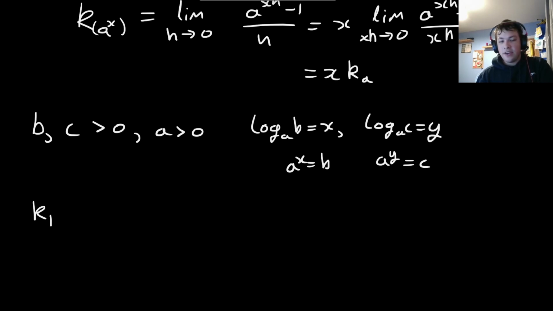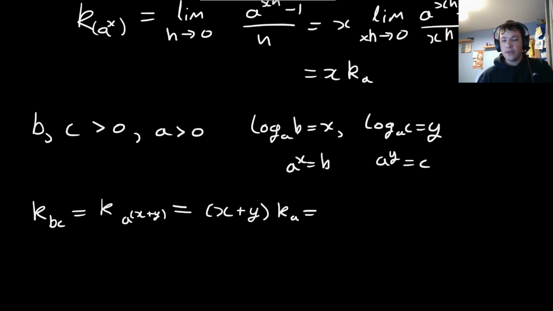Then K of bc is K of a to the power of x plus y, from our old property of exponentiation, which is then (x plus y) times Ka. But x Ka we already know is Kb, and y Ka is Kc, because a to the x equals b means that Kb equals x Ka, and Kc is y Ka.